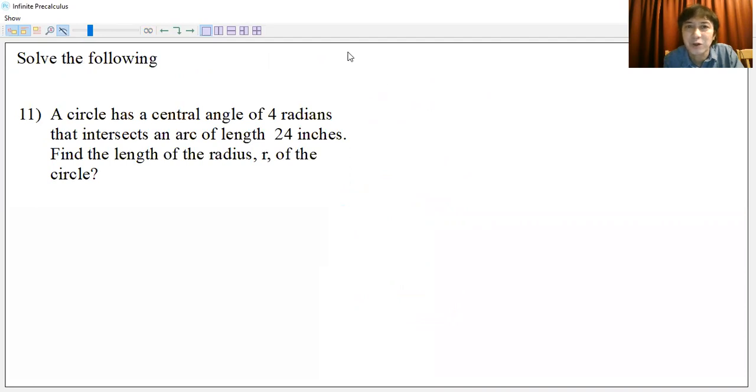Let us concentrate on the given first. The central angle we can call theta, or for the symbol, let us just use a small q.